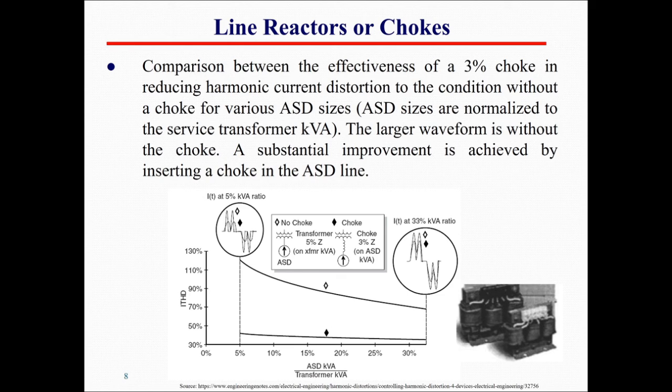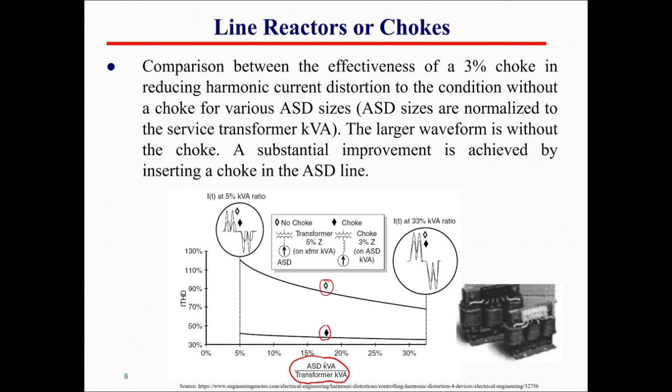Okay, this is also another sketch that shows the relationship between the total harmonic distortion with respect to the size of the drive with respect to the size of the transformer. And then over here we have two figures. The first one is without choke. The second figure is with the choke.